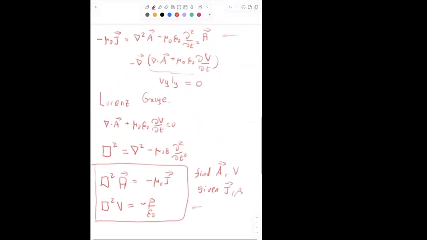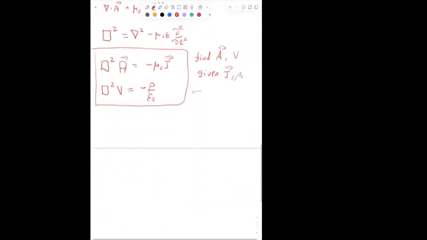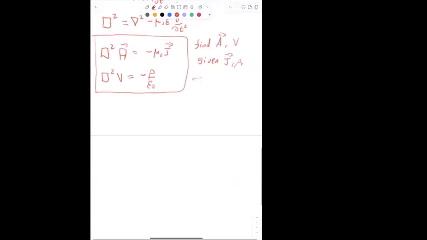I did not explain why I can choose this, but I'll just remind very briefly how this comes out. The idea of gauges, we had this already in the class. I can always change from one gauge to the other, and I do it in the following way. And this is a claim. If I have some A, I can define a new A prime, and this A prime is defined up to this scalar function lambda.